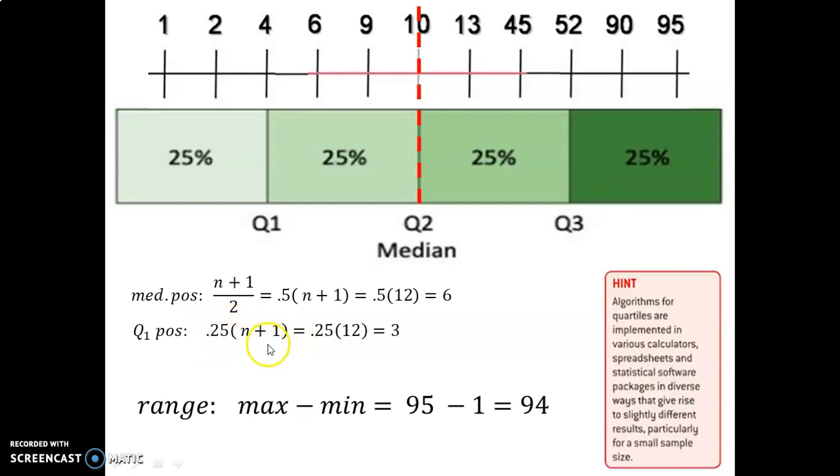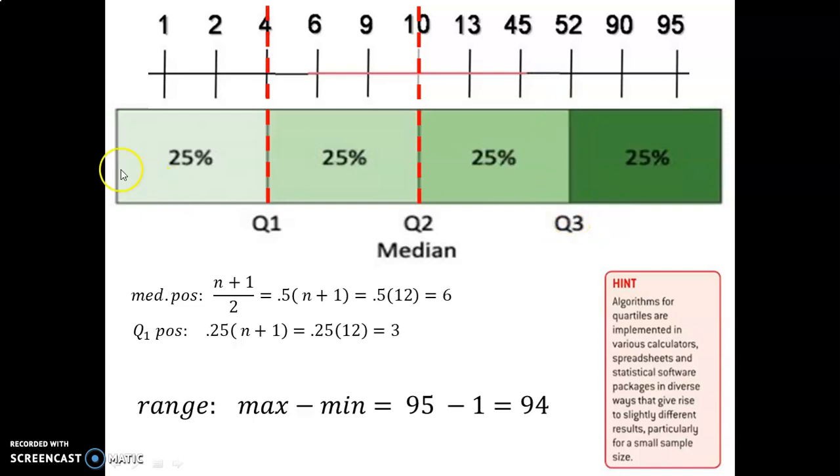So 0.25 times n plus 1. In this case, 0.25 times 12, and 1/4 of 12 is 3. So if we go 1, 2, 3, to the third data point in our data set, we are at the Q1 value, which is again the halfway point to the Q2 value. And that makes sense. 4 is now our Q1 value, and we can see 4 is exactly halfway on our way to the median.